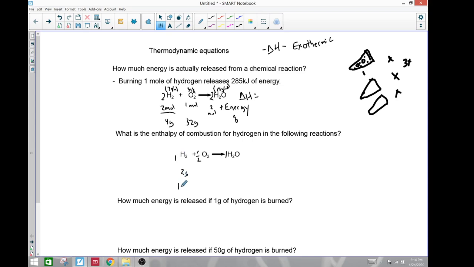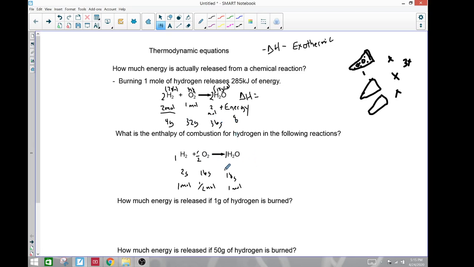Then a half a mole is going to be 16 grams. And then we have 1 mole, which is 18 grams. So here again, we're going to get 18 grams, which is 1 mole, and this one is 2 moles, which is 36 grams, of course adding those two up.